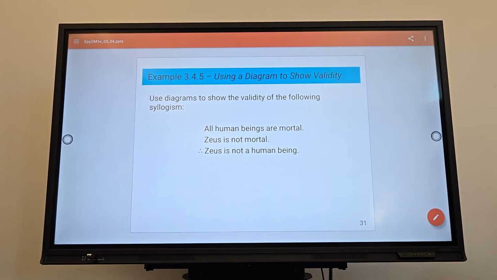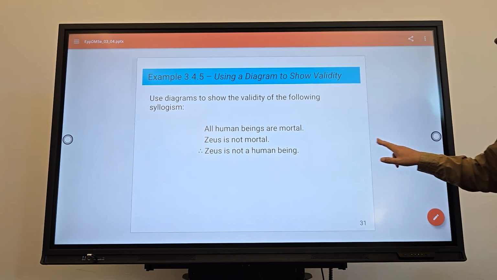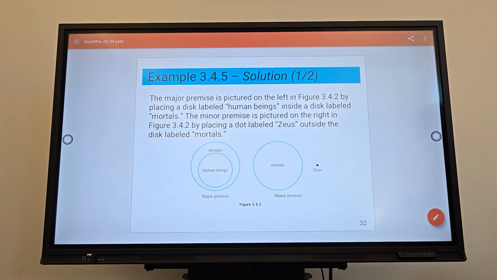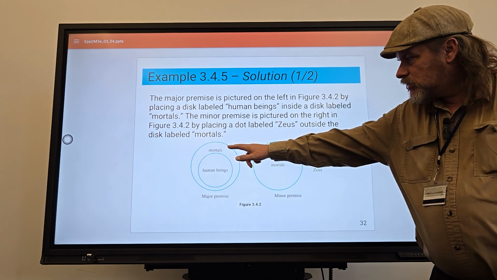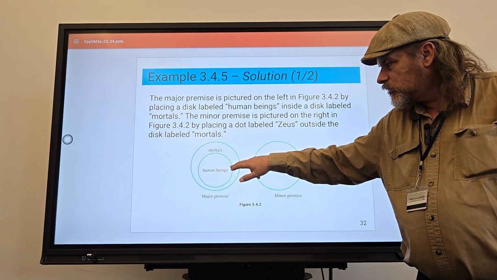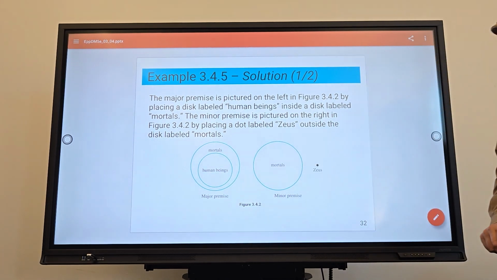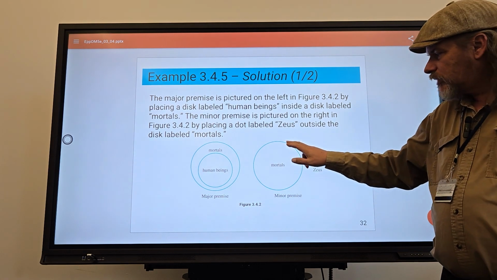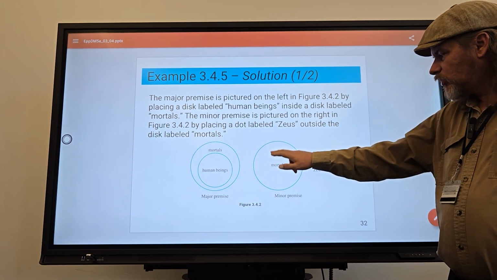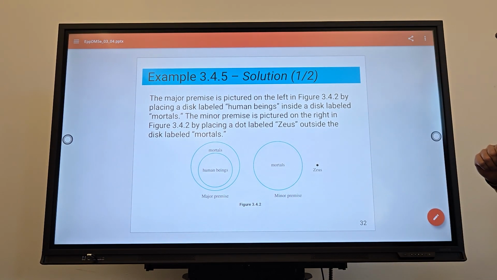Use diagrams to show the validity of the following syllogism. All human beings are mortal. Zeus is not mortal. Therefore, Zeus is not a human being. So you would have the mortals and human beings circles, and the second premise, the minor premise, has Zeus outside the mortals disk.